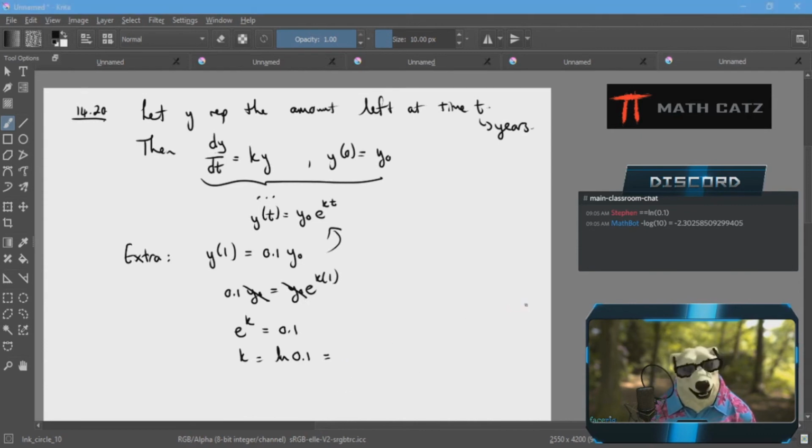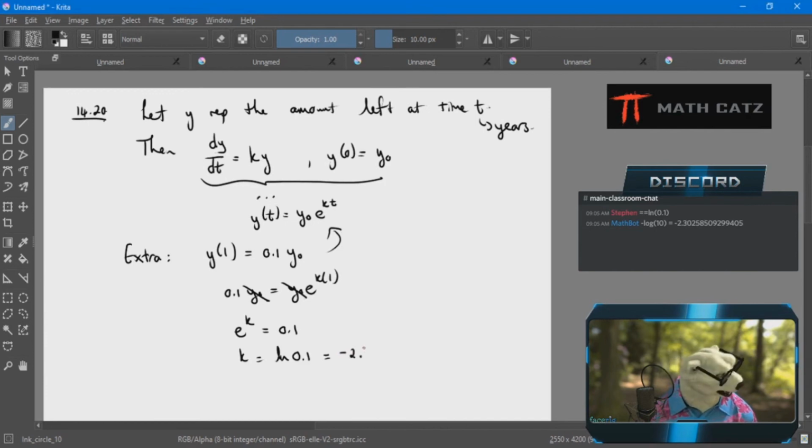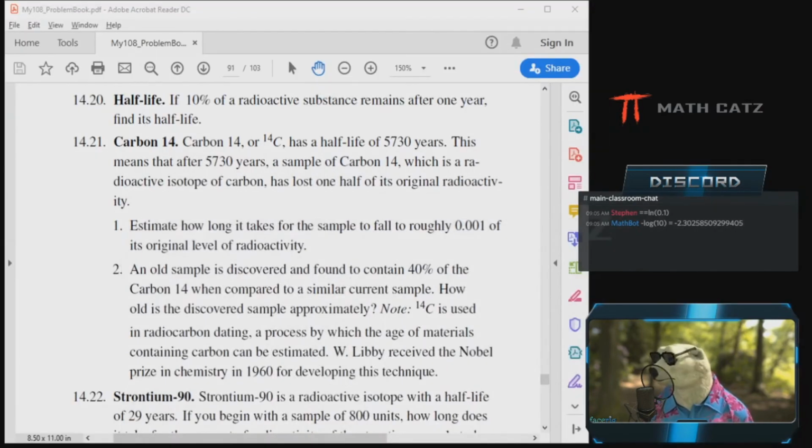I get negative 2.30 if I round to 2 decimal places. So now I have my k value that I can put in my function whenever I need to. Actually, let's just check the question. They don't give me everything, so I can't answer all kinds of questions.